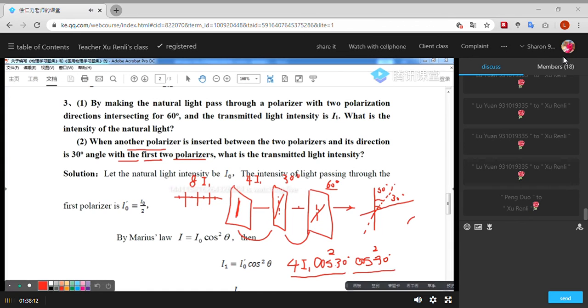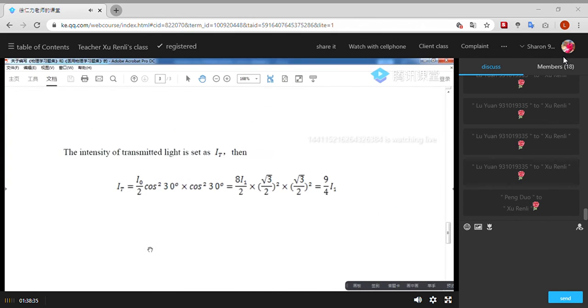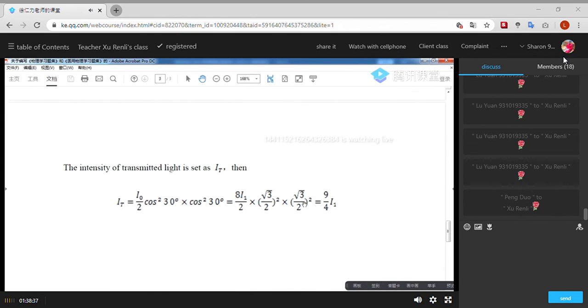So finally, the intensity of the transmitted light is 9/4 I1. This is our final answer: 9/4 I1.